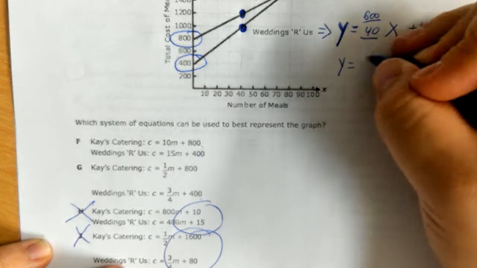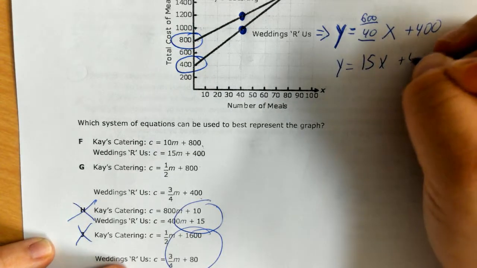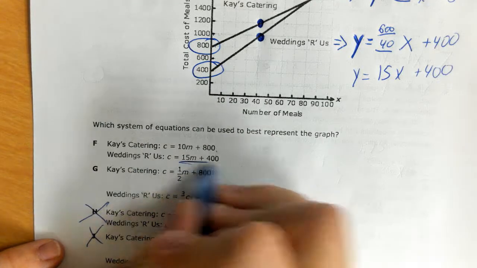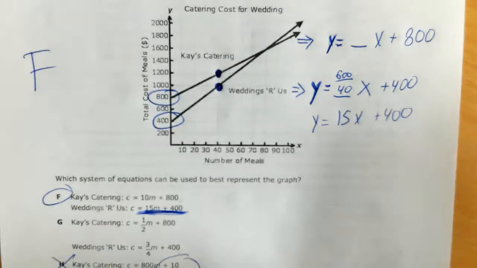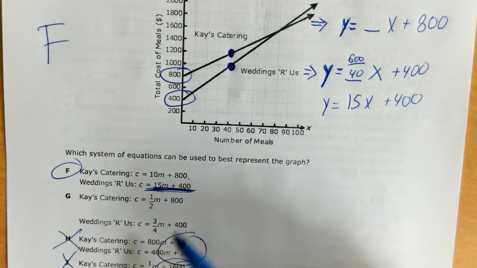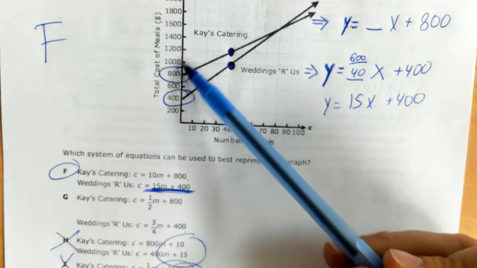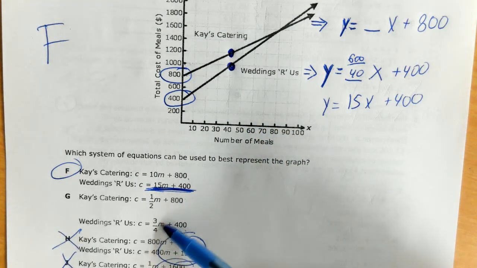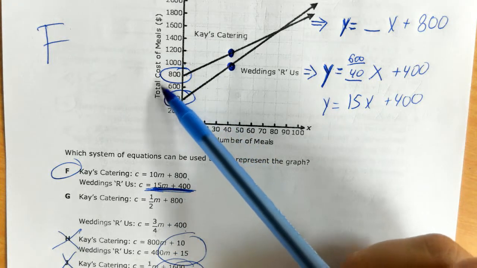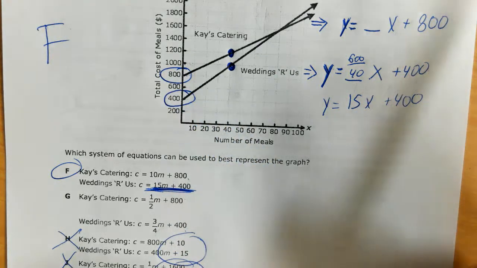That's going to equal 15x plus 400, and that's F. The other one's 3/4 x, right? If I went up 1, 2, 3 and over 1, 2, 3, 4, I would get 3/4. But these aren't by 1, they're by 200. So I have to count by 200.